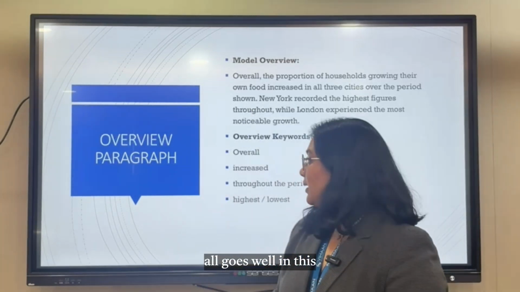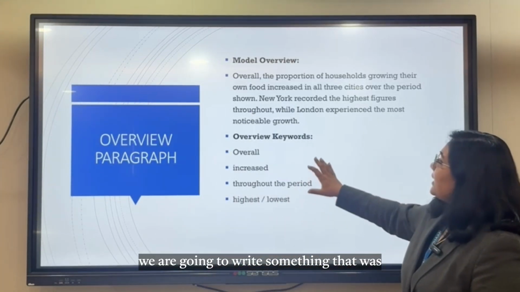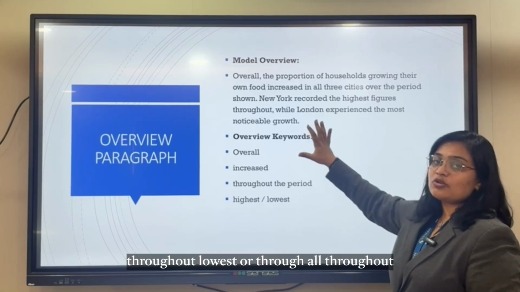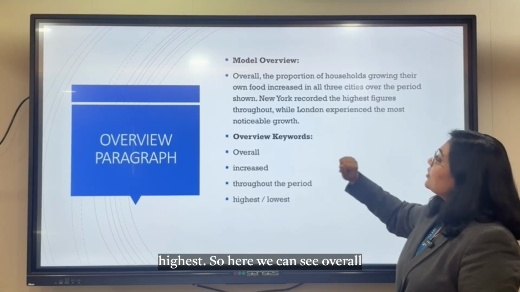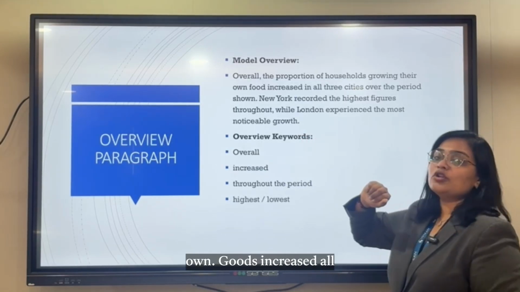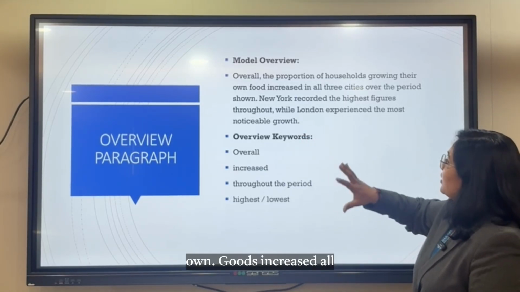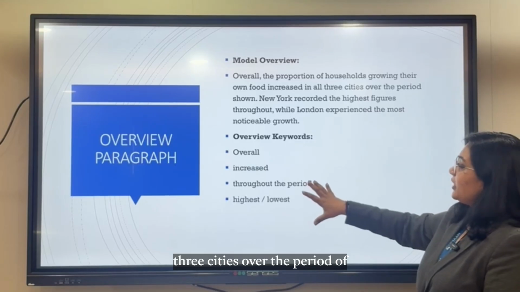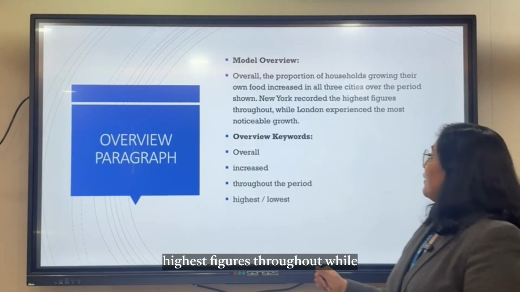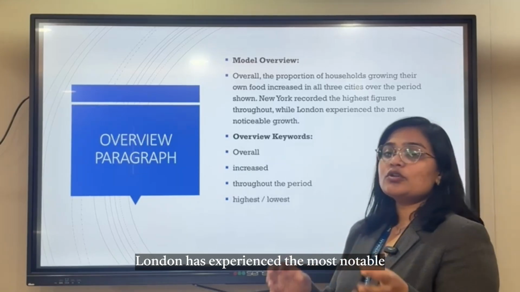All goes well. In this, we are going to write something that was increased, something that was throughout lowest or throughout highest. So here we can see overall the proportion of households growing their own goods increased in all 3 cities over the period of time. New York has recorded the highest figures throughout, while London has experienced the most notable growth.